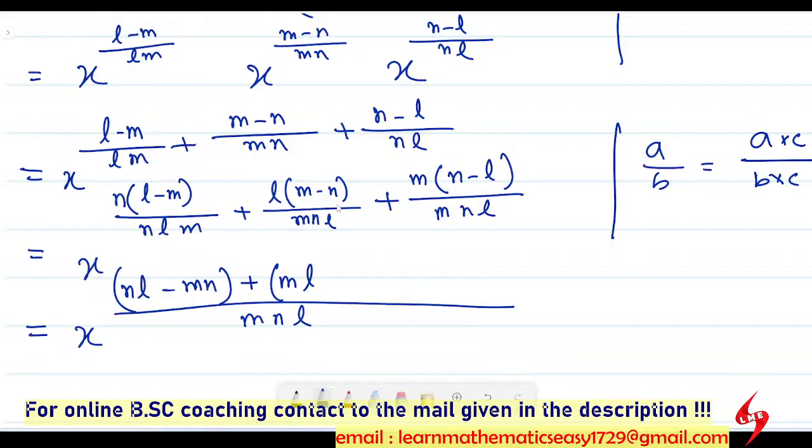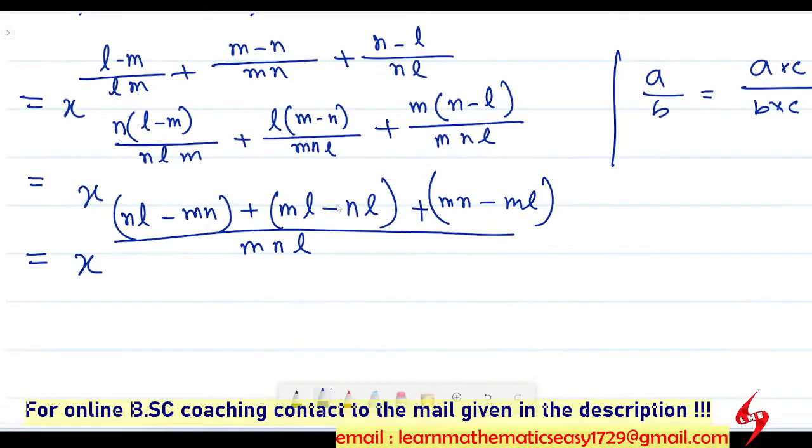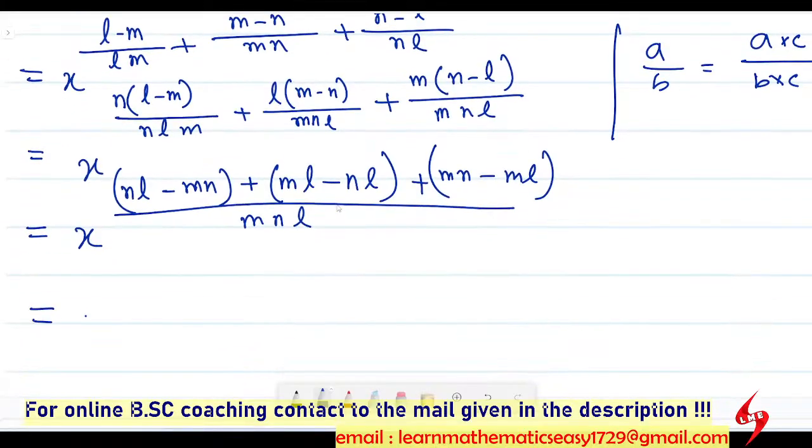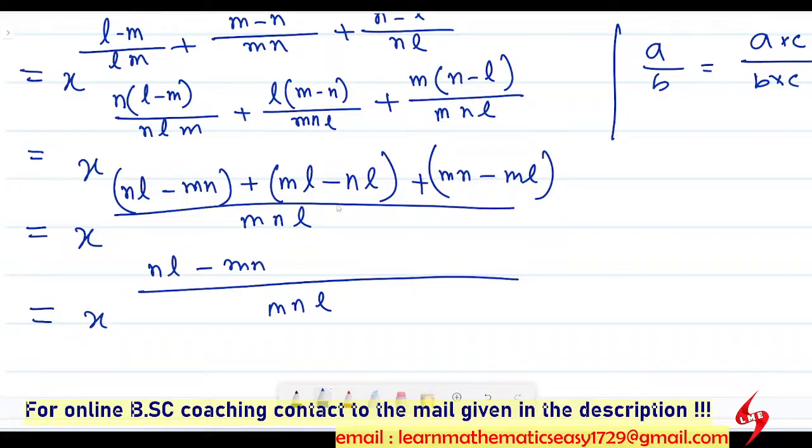So we just add the numerator as well. So at first I am applying distribution property here, and now taking off the bracket and just do the sum. So NL minus MN, I am taking off this bracket, so plus ML minus NL plus MN minus NL.